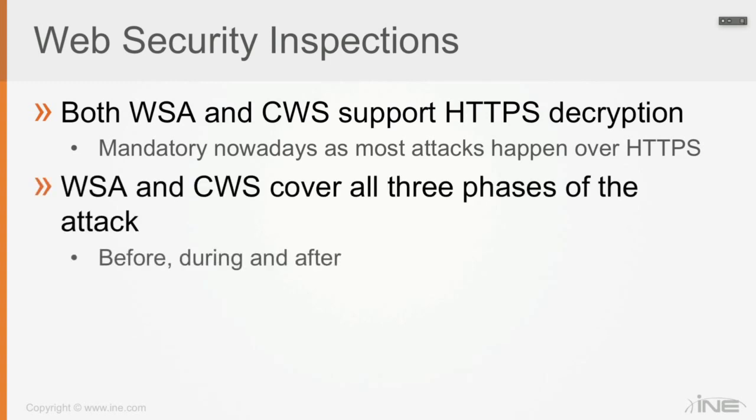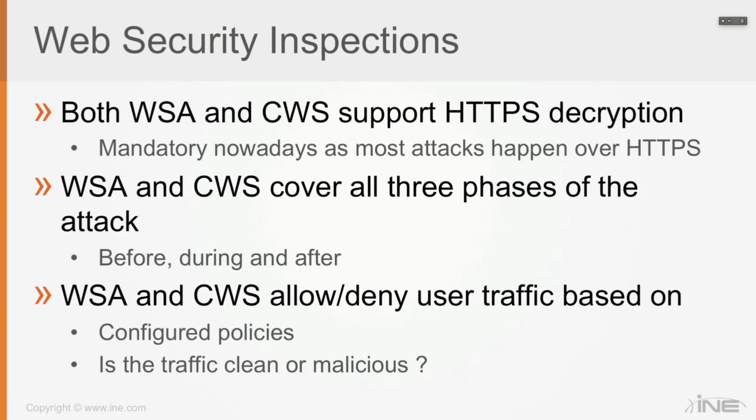Likewise, WSA and CWS cover all three phases of the attack, just like ICE. So before, during, and after. As you're going to see in a couple of slides, both web security appliance and cloud web security are, in the end, going to allow or deny user traffic to the internet based on two main rules.